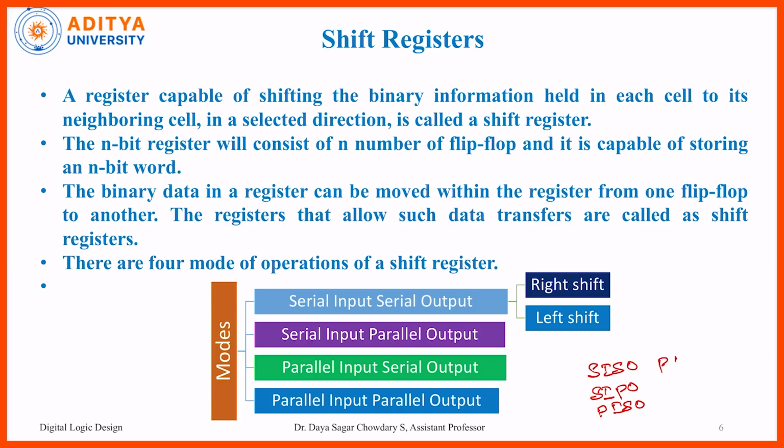And parallel input and parallel output, PIPO. For serial input, serial output, there is a right shift and a left shift as well. Depending on the construction, we can shift the data from right to left or left to right. That is the advantage of SISO.